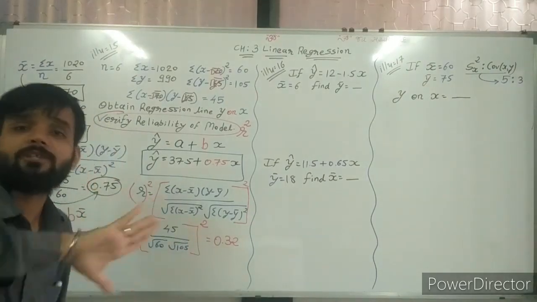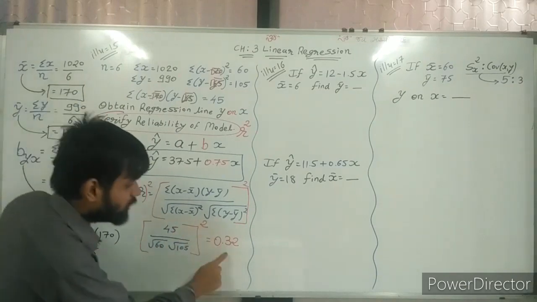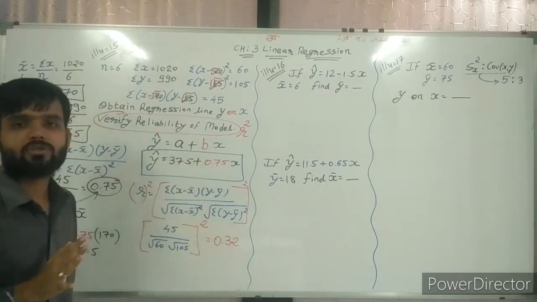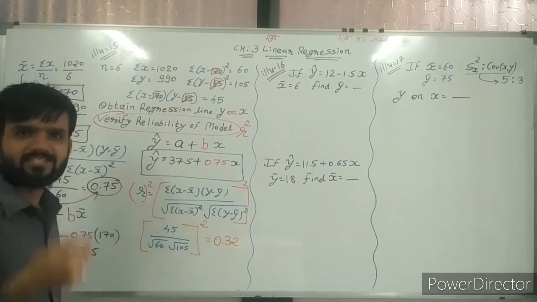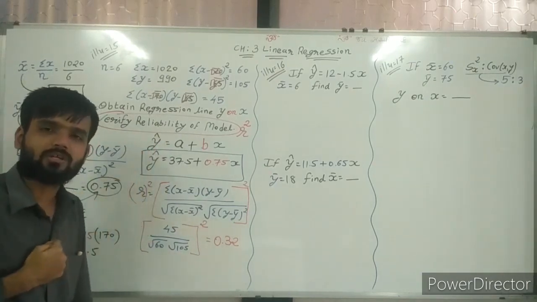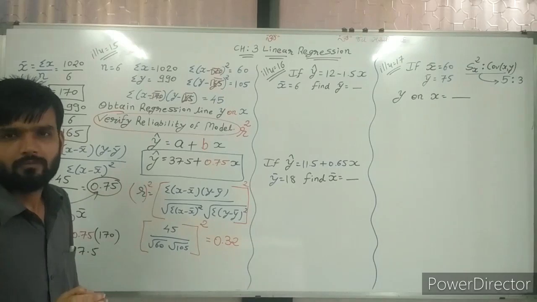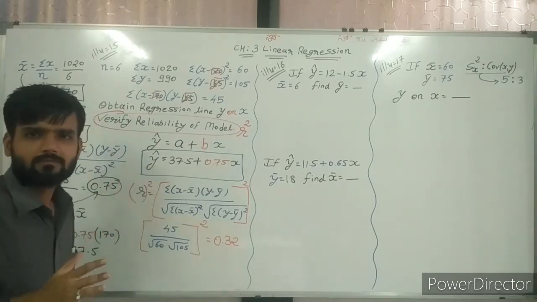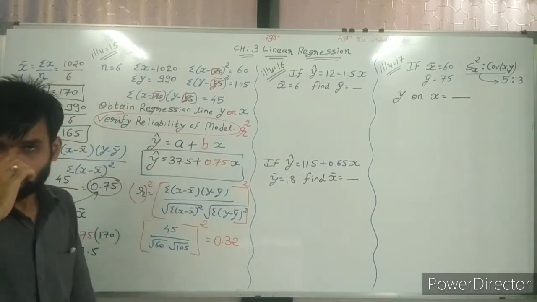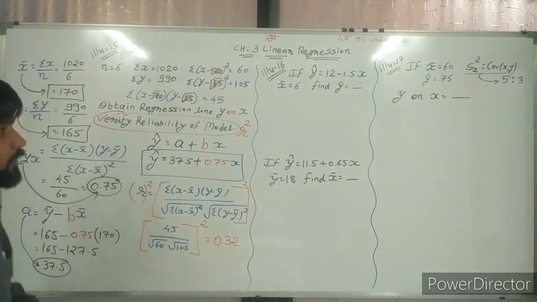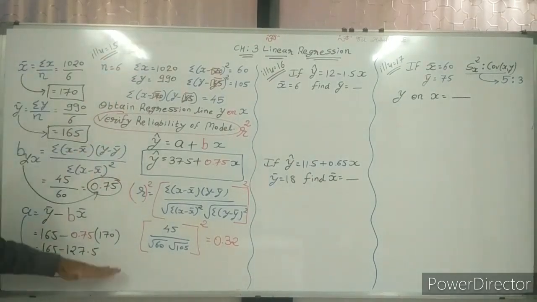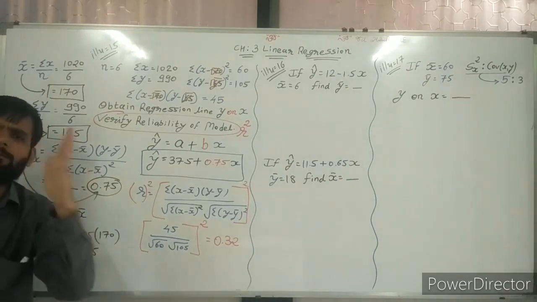Reliability of the function. Here 32%, we can rely on the function. So it is less reliable, because less than 50% we can rely on this function. So we cannot believe the answer which can be found by this equation. Now my illustration number 15 is 100% completed.